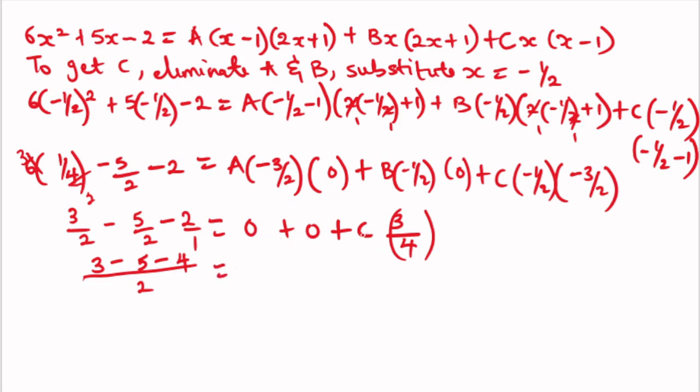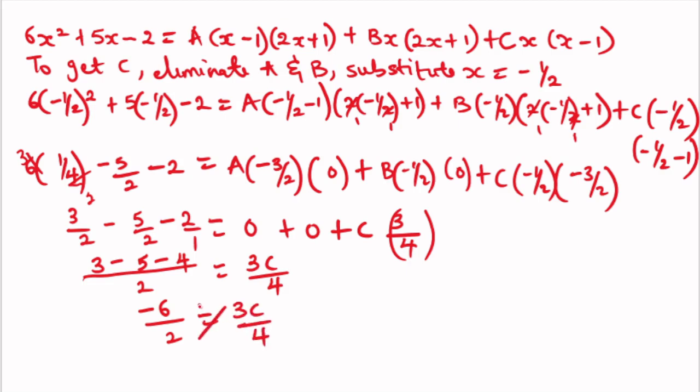Then we'll have c times 3 over 4, which will give us 3c over 4. So our expression becomes 3 minus 5 will have minus 2. Minus 2 minus 4 will give us minus 6 over 2 equal to 3c over 4.